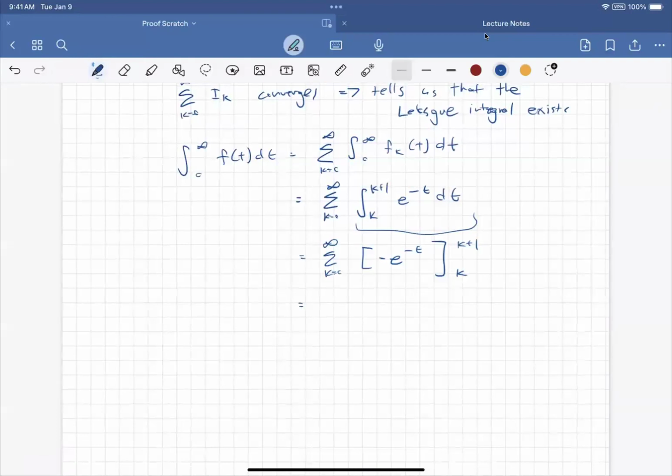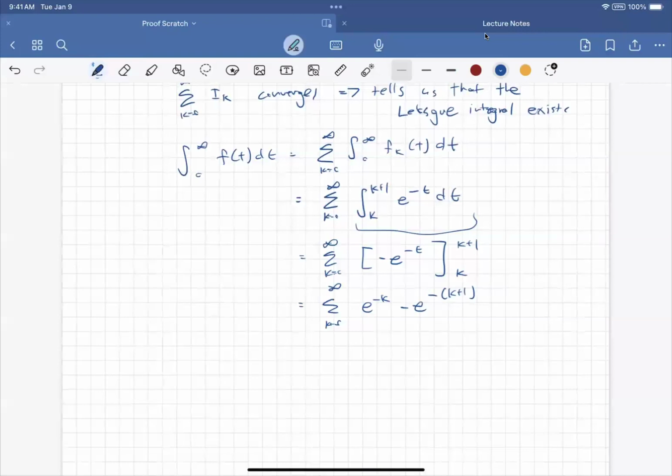Writing this out further, it's the sum again from k equals 0 to infinity of e to the negative k minus e to the negative k plus 1. And then we can group together the terms that we have here.